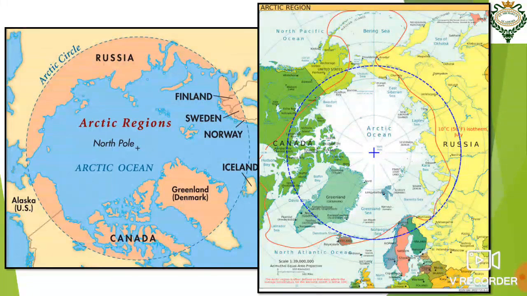So as you can see in this picture, 6 or 8 countries come within this Arctic tundra region. These are Finland, Sweden, Norway, Iceland, Greenland, Canada, Russia and certain parts of the USA.